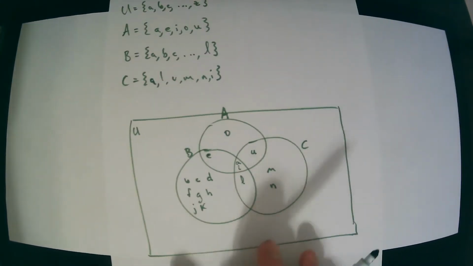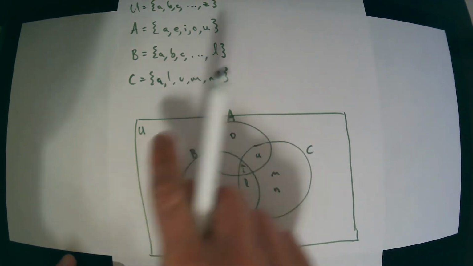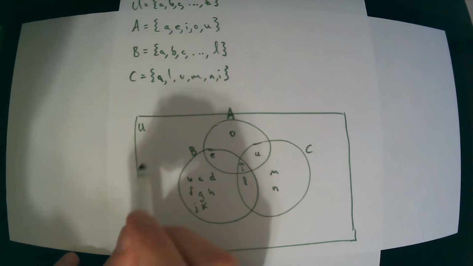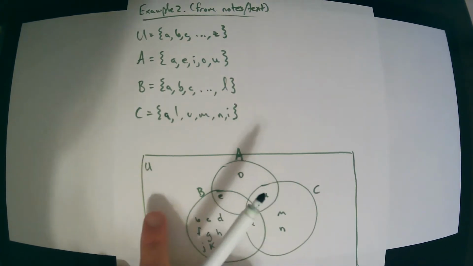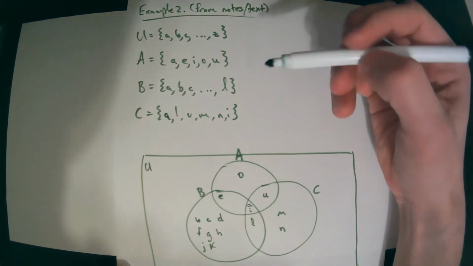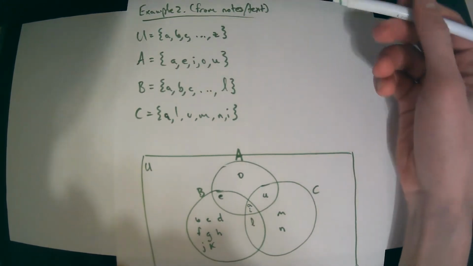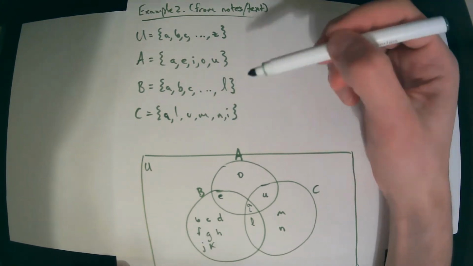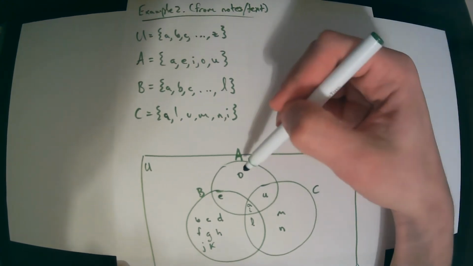Now, I said that every English letter would be written once in this Venn diagram, right? So what I have to do now is write all of the English letters that did not get included in any of these sets. So B already takes care of A through L, so I would pick up after L with M and N, but those are already taken care of. So let's see, A, B, C, D, F, G, H, I, J, K, L, M, N, O is taken care of.